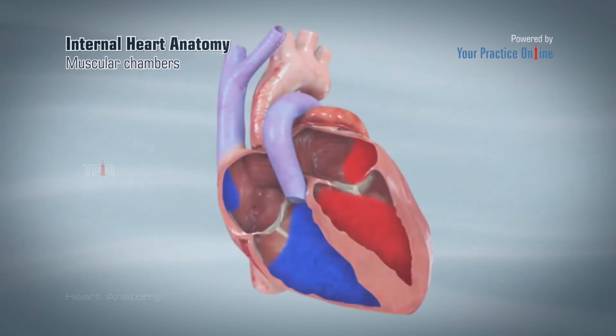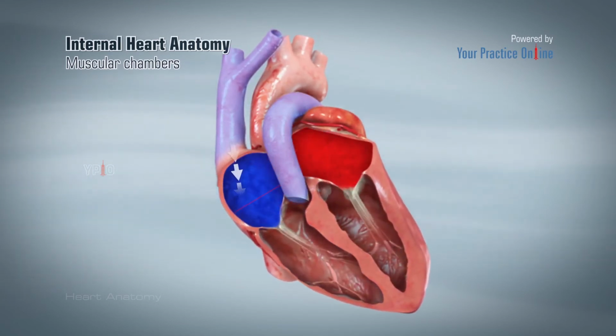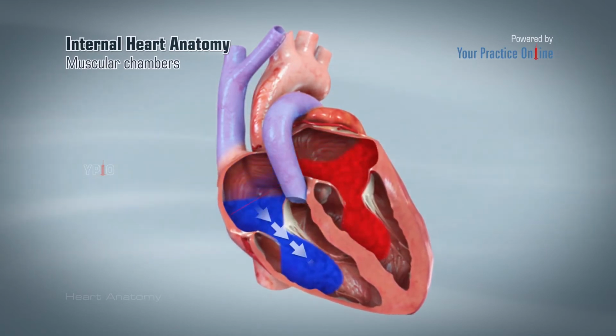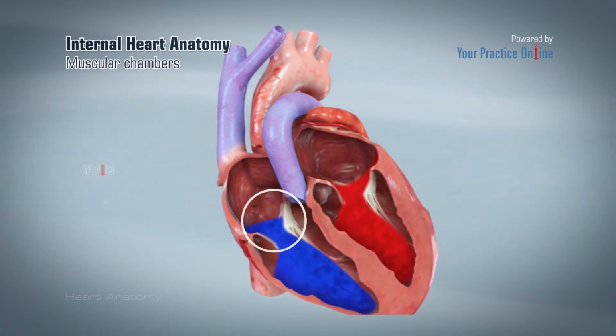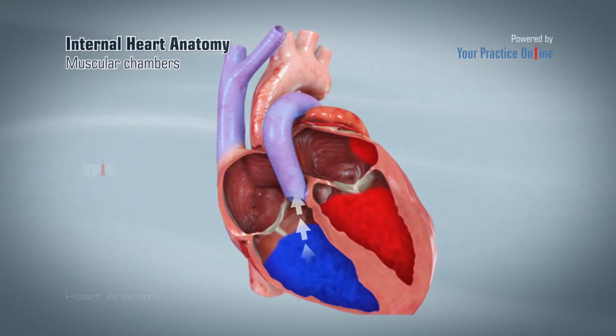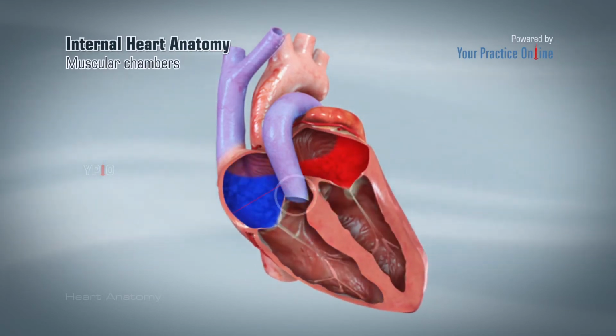The right atrium collects the deoxygenated blood from the vena cava and delivers it to the right ventricle. This delivery is regulated by the tricuspid valve. The right ventricle delivers the blood to the lungs for purification, oxygenation. This delivery is regulated by the pulmonary valve.